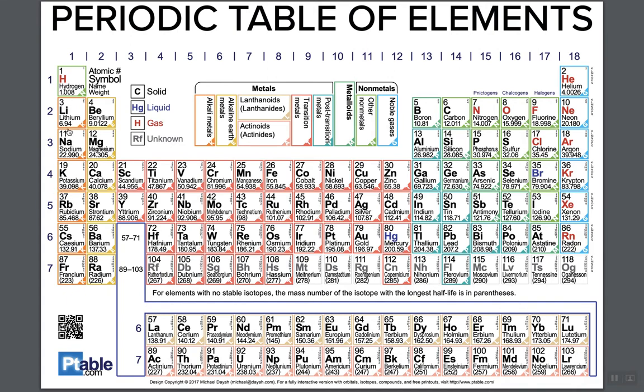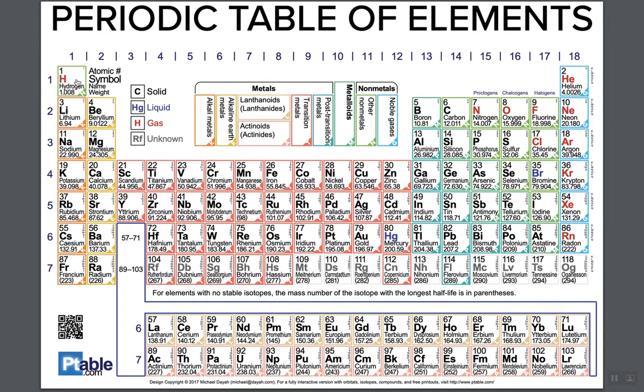You should also be able to tell me the number of valence electrons it has based on the group that it's in, or the column. So group 1, 1A, 1 valence electron, 2A, 2 valence electrons, 3A, 3, and so on. So that's the information that you should be able to pull out, along with, based on the color coding, whether it's a solid, liquid, or gas.